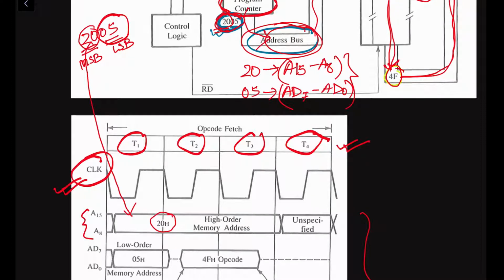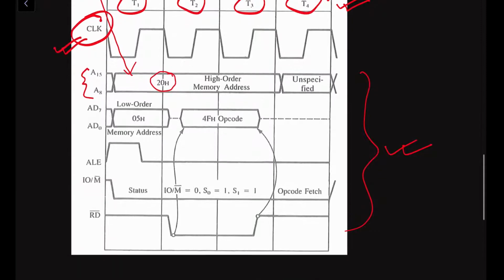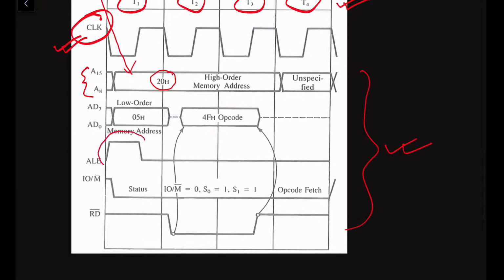So what we have to do is add some functionality so that the address data bus, AD meaning address as well as data bus, AD7 to AD0, functions as an address bus for the first clock cycle. During the first clock cycle, we will use this address data bus as an address bus. How will we do this? With the signal ALE, the address latch enable.